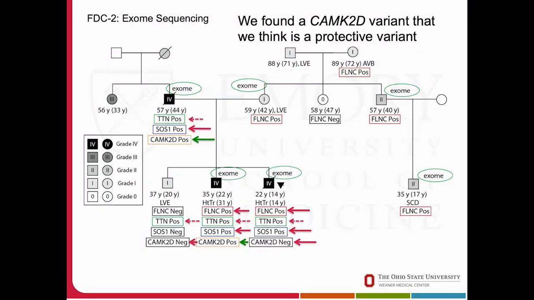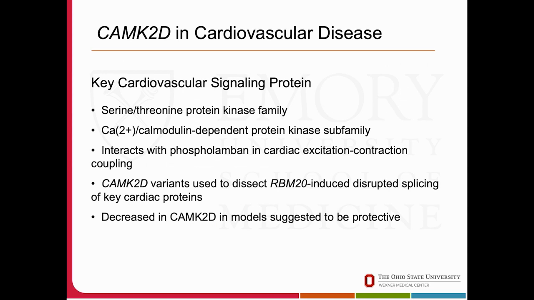We also found a CAMK2D variant that we think is a protective variant. The idea is that for cardiovascular disease, we always focus on nasty disease-causing variants, but we know that some variants, both common and rare, can be protective. And it turns out that CAMK2D is a very well-defined protein.